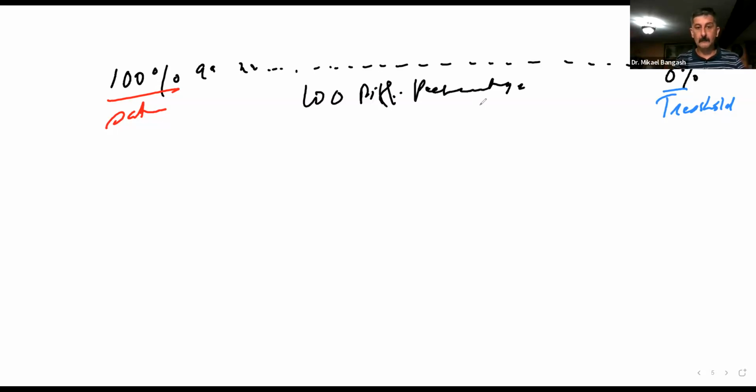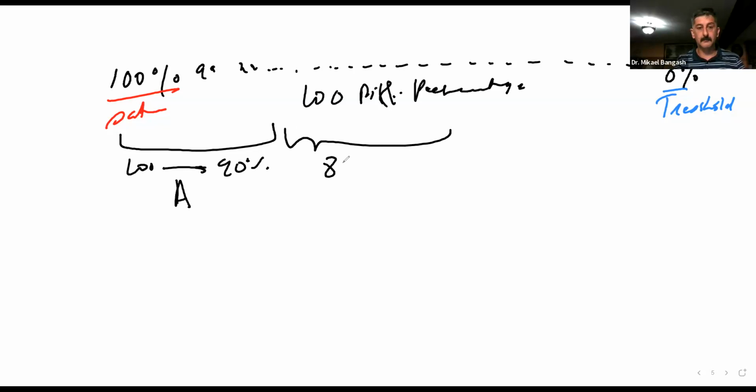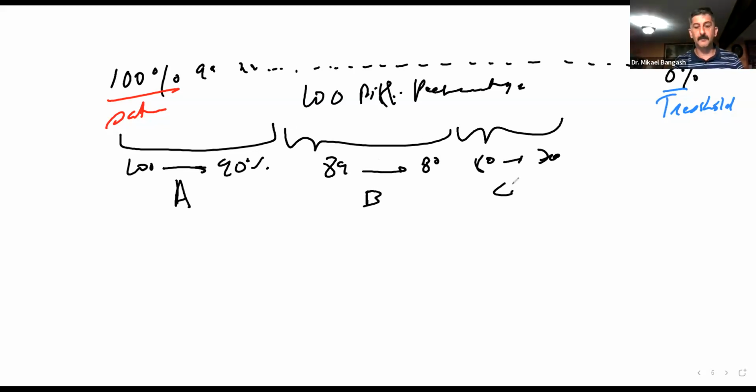Whereas we may say any percentage that goes from 100 to 90% would be A. From 89% to 80 would be B. From 79 to 70 would be C. Then 69 to 60 would be D. Let's just say this here is our new threshold, because anything less than that would be failure.